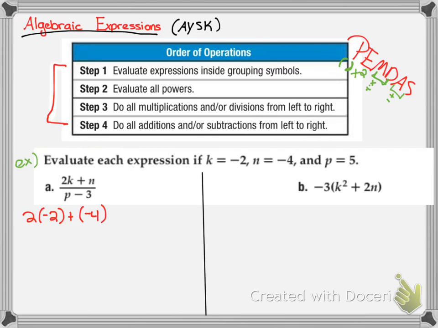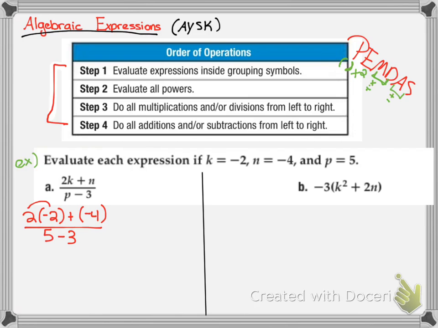So it really is a good idea to just go ahead and at least write the complete first step out. And as you can see, all I've done so far is substituted K, N, and P, my variables, with their value.